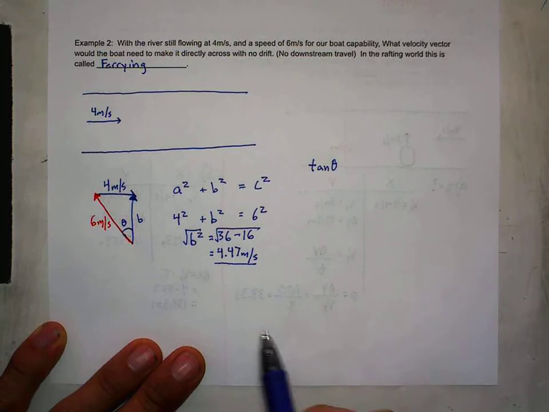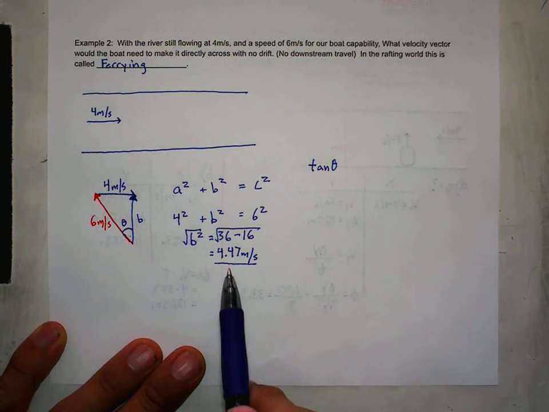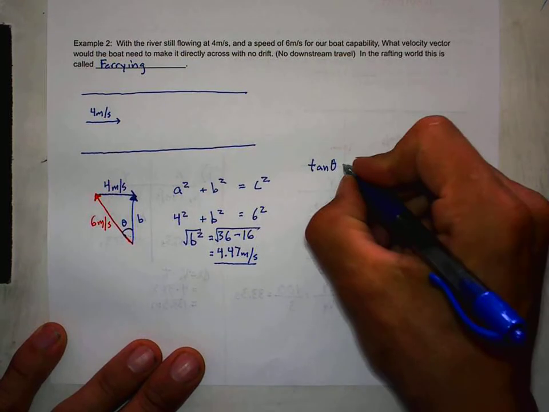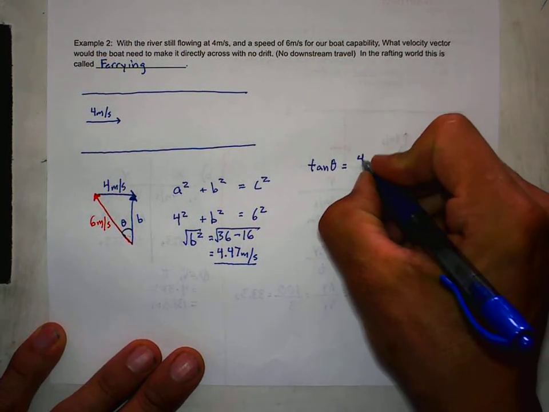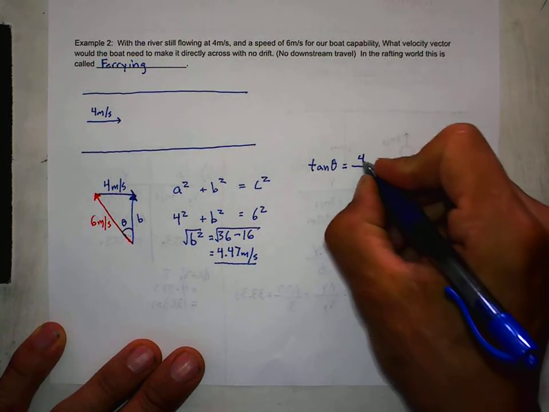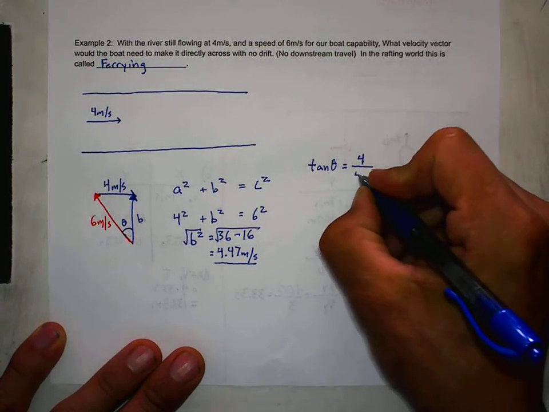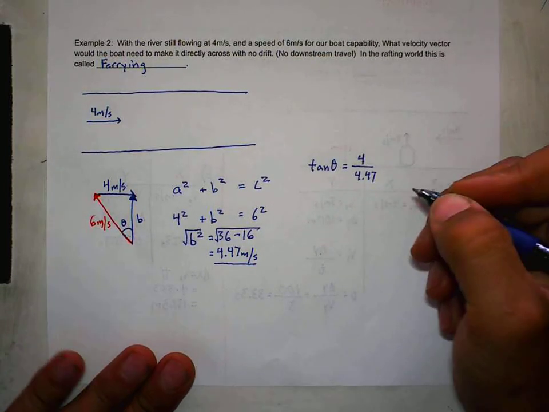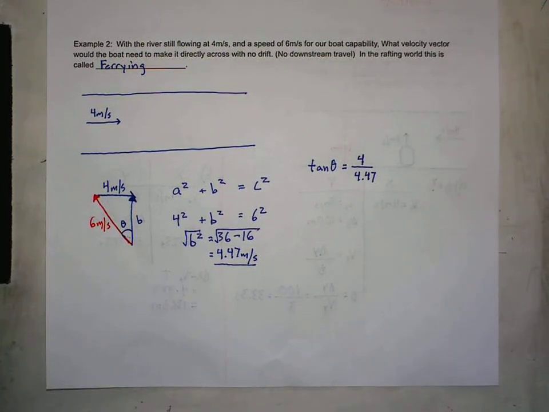And we could have found that angle without finding this, by the way. So we'll say tangent theta is equal to our opposite, which is 4, over our adjacent, which is 4.47. We've got to do inverse tangent in our calculator.